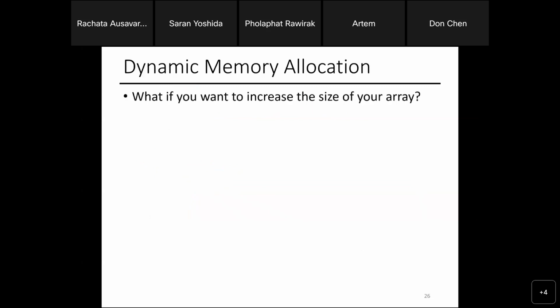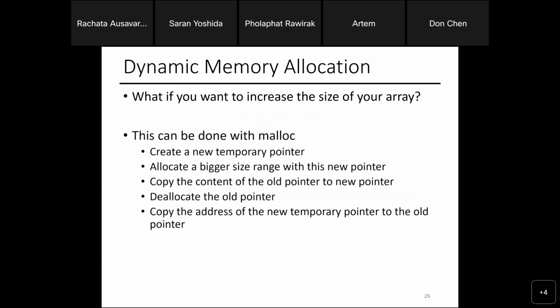All right, one sample use of this: let's say you want to increase the size of your array. This will be the in-class exercise for next week. We can do this with malloc. Let's say you have the original array here, and this is a bigger array. Let's say x points here. What you do is create a temp space that is, say, twice bigger.